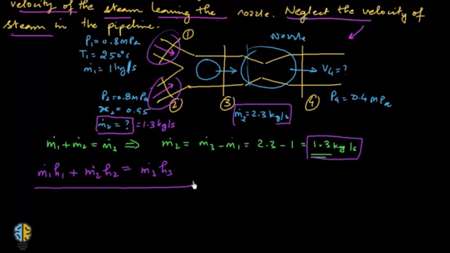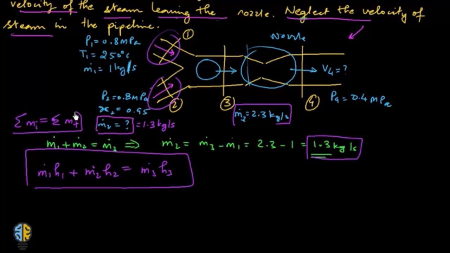So this is the energy balance equation. The total mass input is equal to the total mass leaving the pipe, and the total energy input is equal to the energy leaving the pipe.